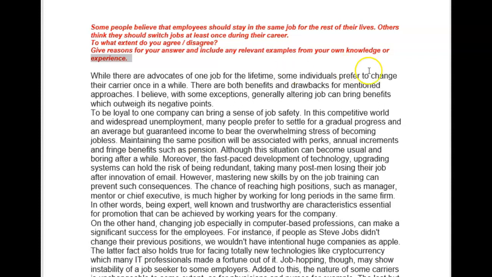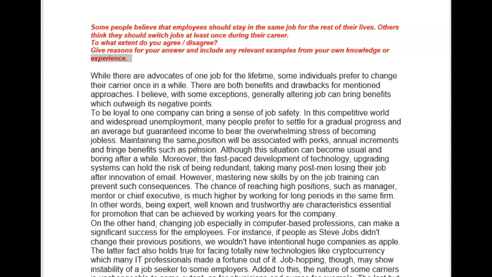All right, here you lost it because "although" can't just be one clause. And by clause, I mean one subject and verb. It has to be attached to another clause. So here, these two sentences should have been linked together: "Maintaining the same position will be associated with perks, annual increments, and fringe benefits such as pension, although this situation can become usual and boring after a while."